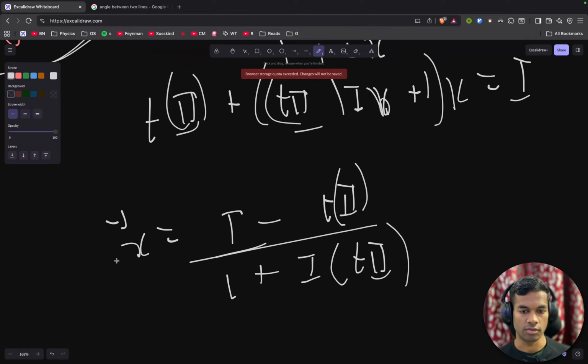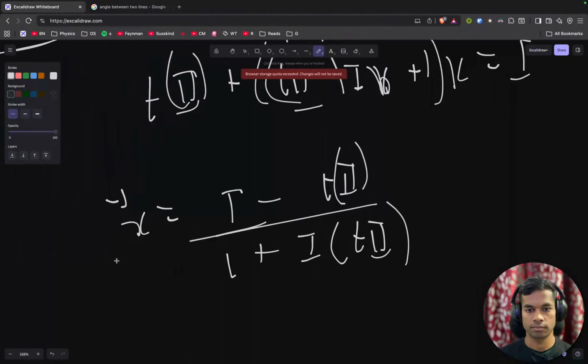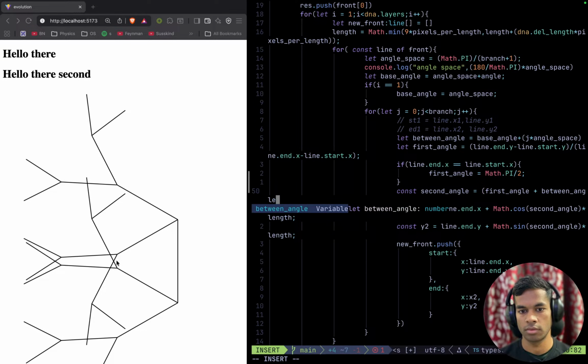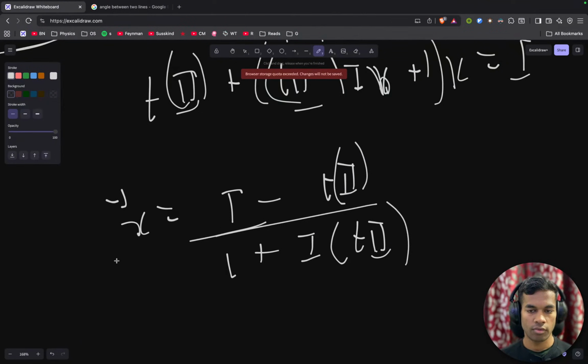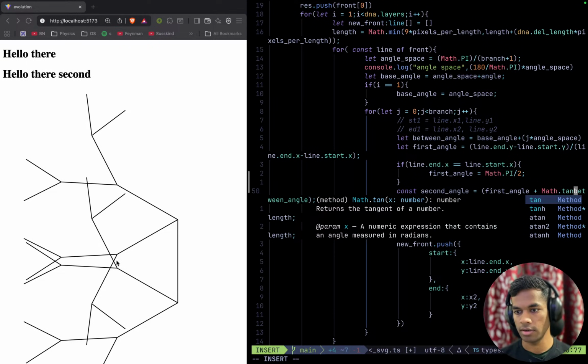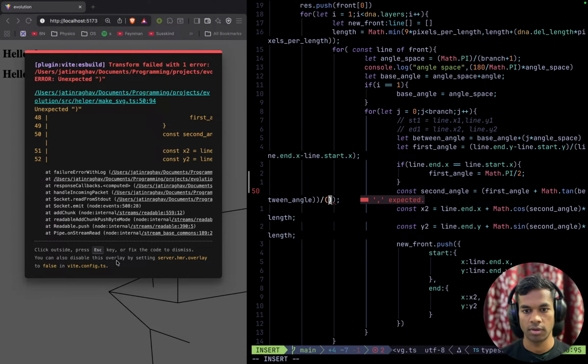Okay, so the second angle should be equal to the first angle minus tan of the between angle, this whole thing divided by 1 plus first angle into math dot tan of the between angle.